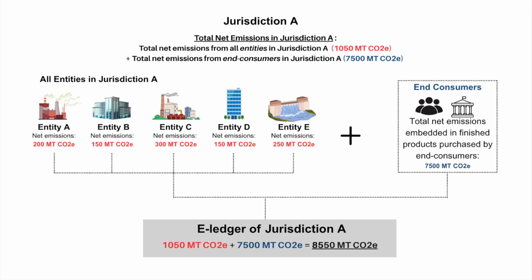The jurisdiction can also consolidate the emissions held by all of the various companies in its sphere of operation, because on a net basis, nothing is counted more than once. That's the beauty of the e-ledger. So all you need to do is to take the net ledgers of all entities in your jurisdiction plus the consumption-related emissions, and it will add up to the jurisdiction's total stock of emissions associated with its economic activities.